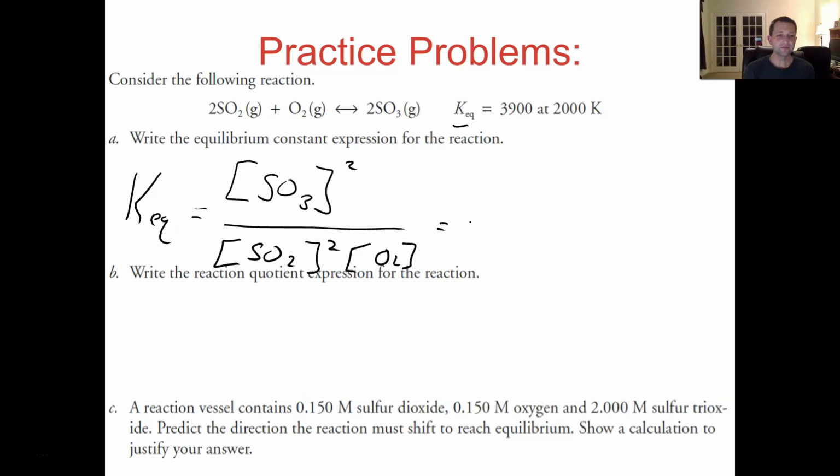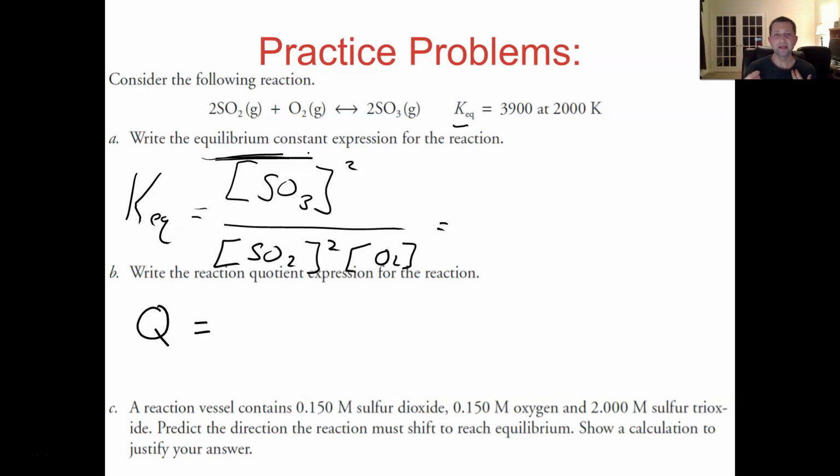Letter B, write the reaction quotient expression. If we are at any point in time and we're not sure if it's at equilibrium, so any set of conditions here, let's write the reaction quotient expression. It's actually the same exact thing. The only difference is it's Q. KEQ is at equilibrium, the equilibrium constant expression.